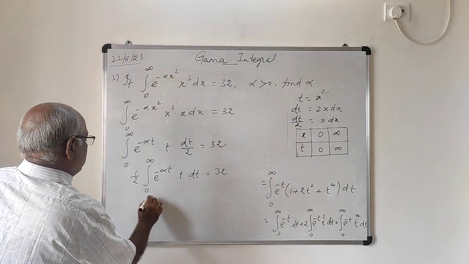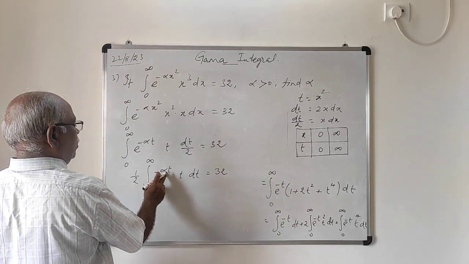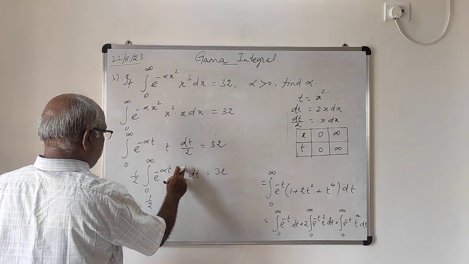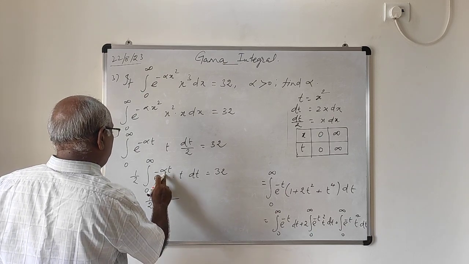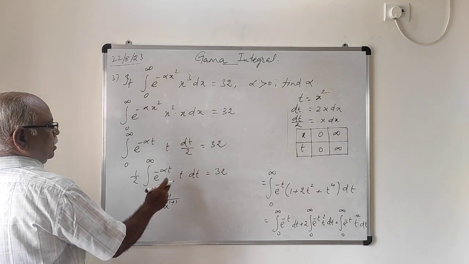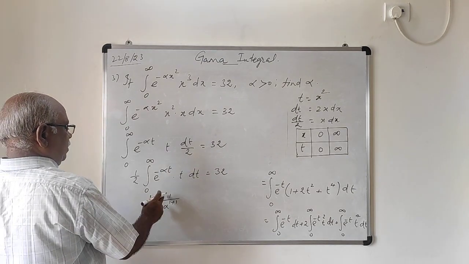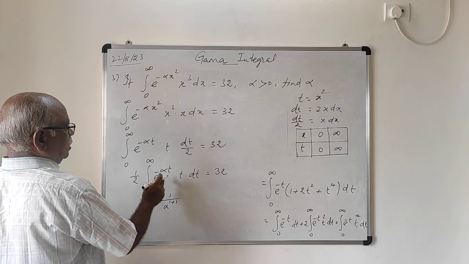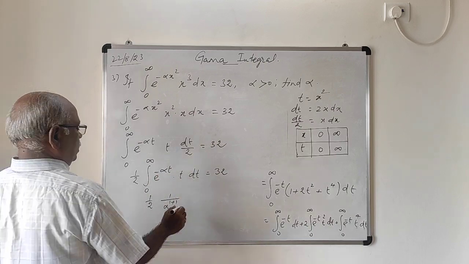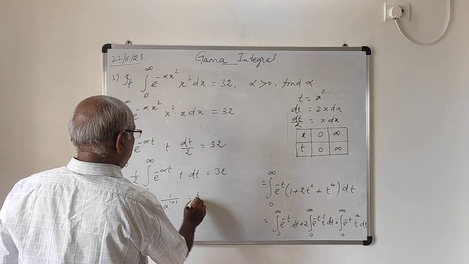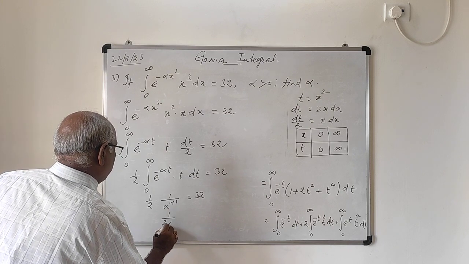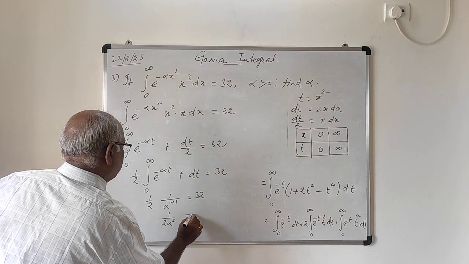The integral value is given by the formula: e power minus a t into t power n is n factorial by a power n plus 1. Here n is 1, so it is 1 by 2 into 1 factorial by alpha power 1 plus 1, equal to 32. That is 1 by 2 alpha square equal to 32.